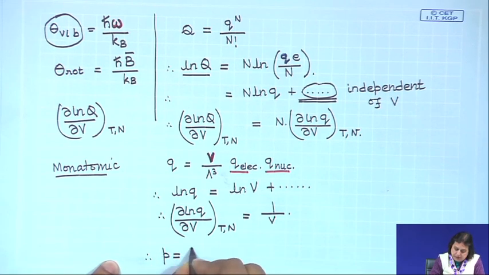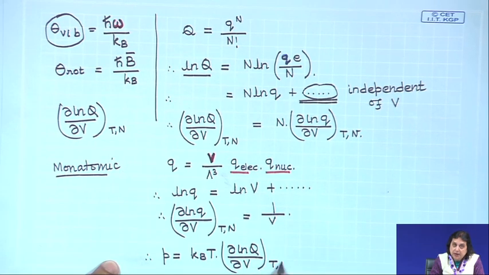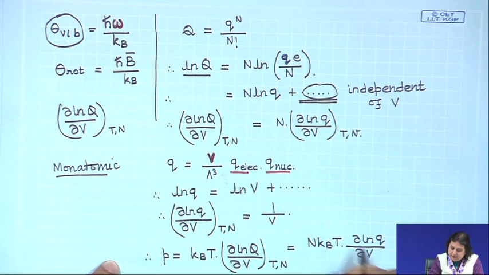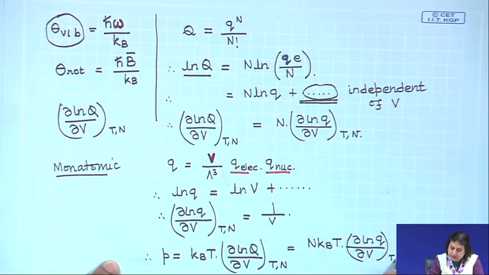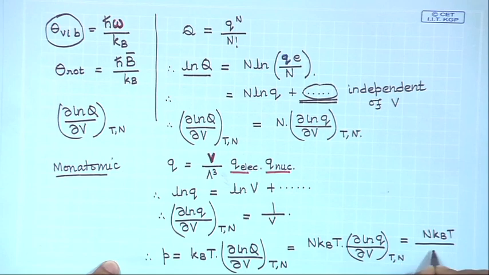Pressure is equal to k_B T del ln Q del V, keeping temperature and number of particles constant, that is equal to N k_B T into del ln small q by del V at constant T and N, and I find that this is nothing but N k_B T divided by V.